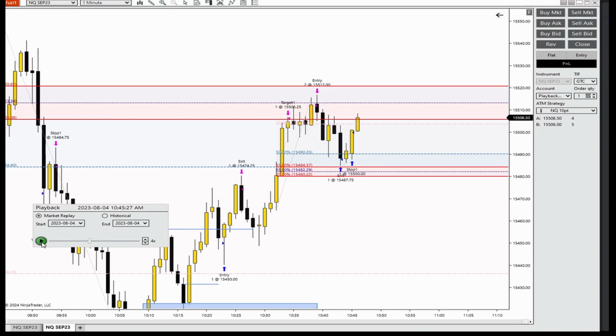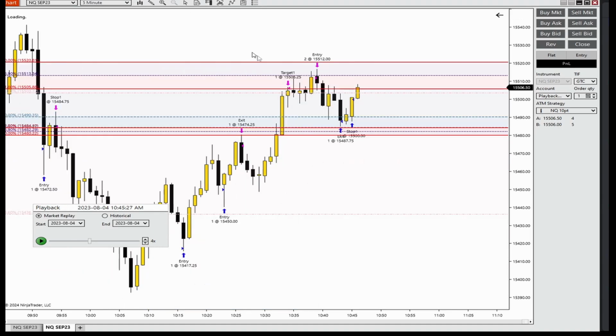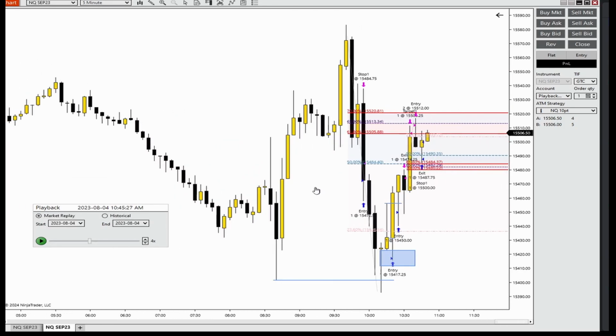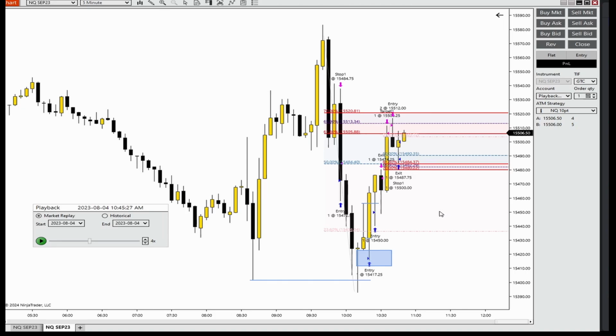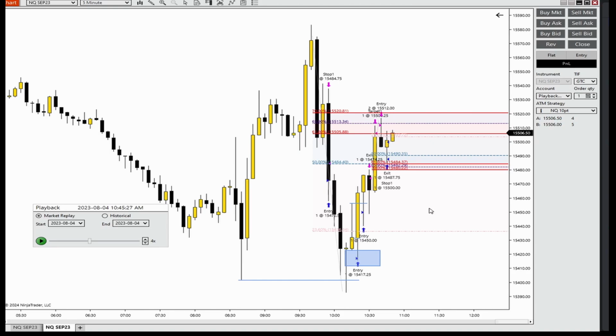Now, we've had this move. Do we entertain another short? Here's your 5 minute. What are we expecting? New high. Definitely a new high.